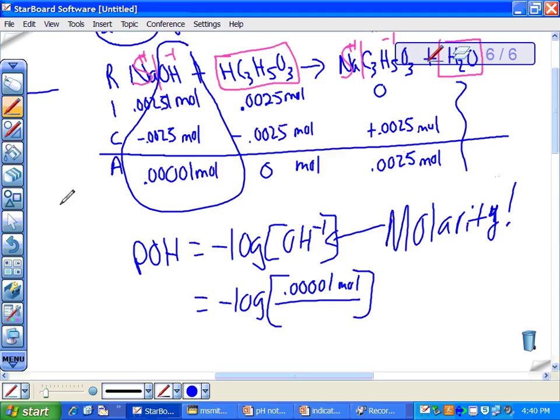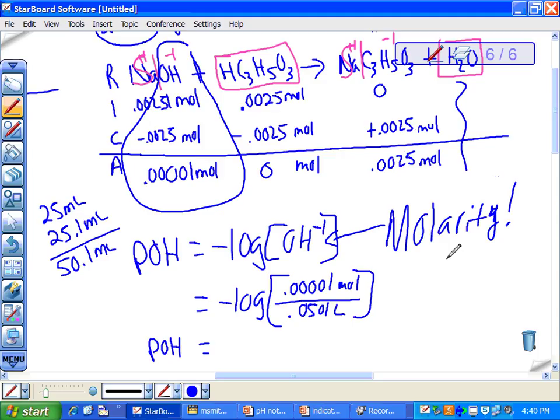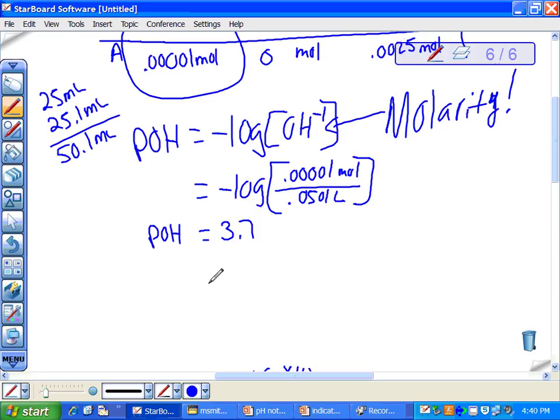The total volume in this case, I had 25 milliliters and I had 25.1 milliliters, which is a total of 50.1 milliliters, which would be 0.0501 liters. If you do that, you get a pOH of 3.7. And so your pH is 10.3.